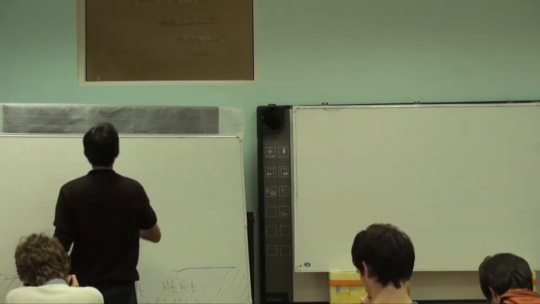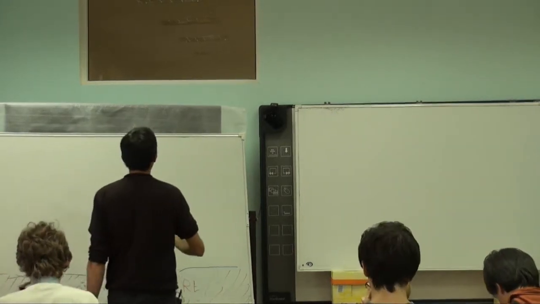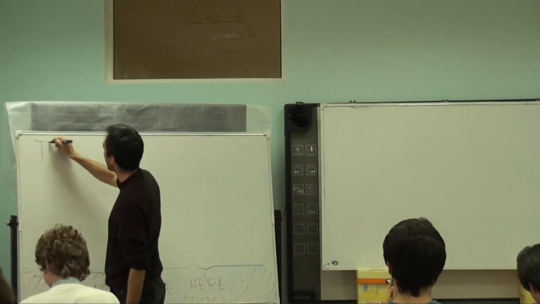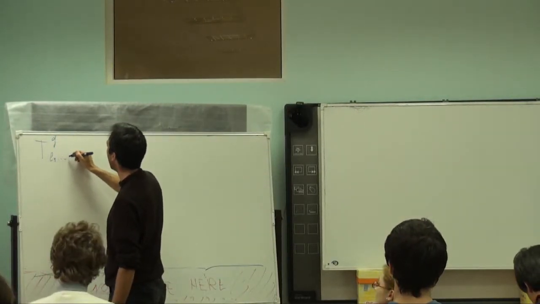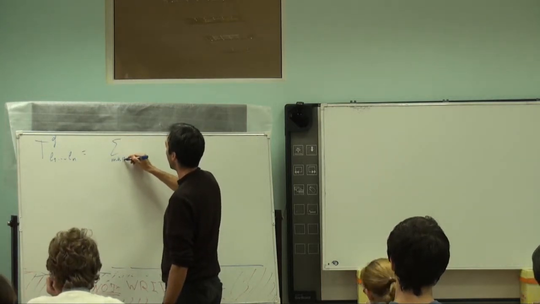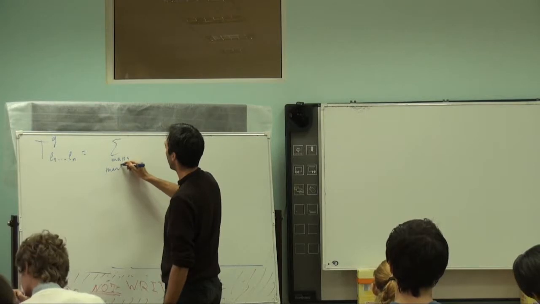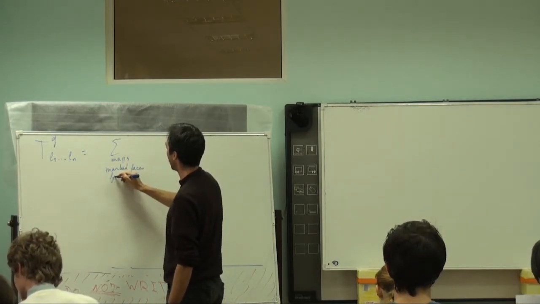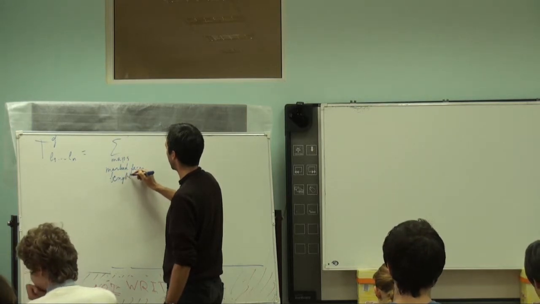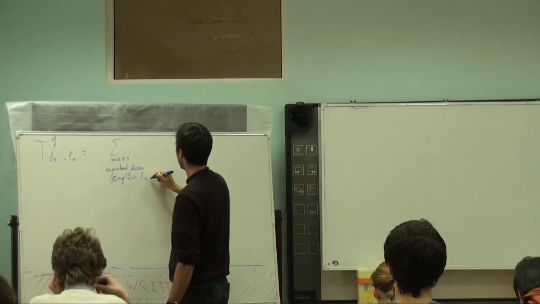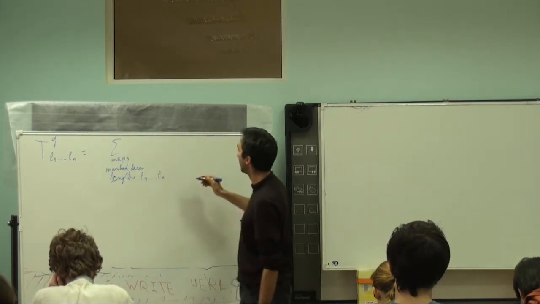So remember, we want to count maps. Remember that T^g_{L1...Ln} is the sum of maps with marked faces of length L1 up to Ln on genus g.